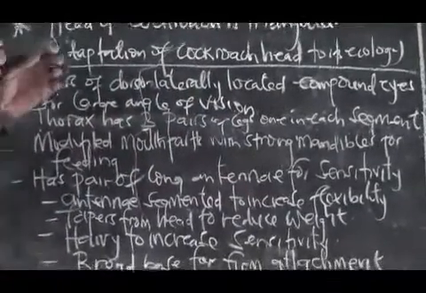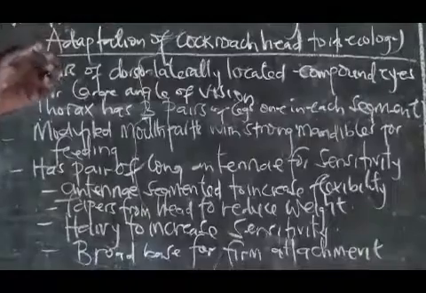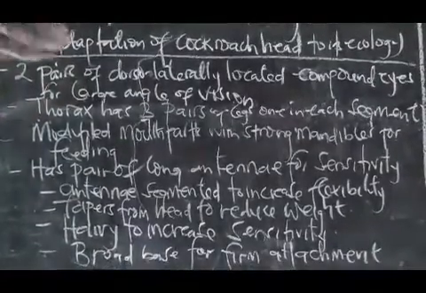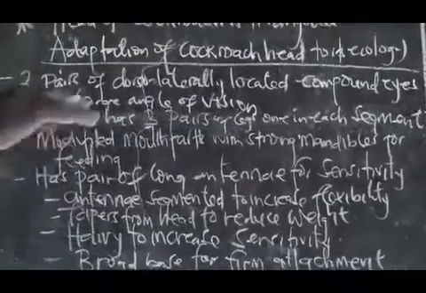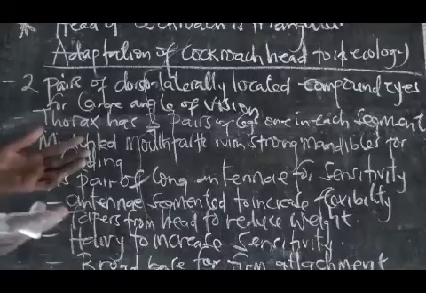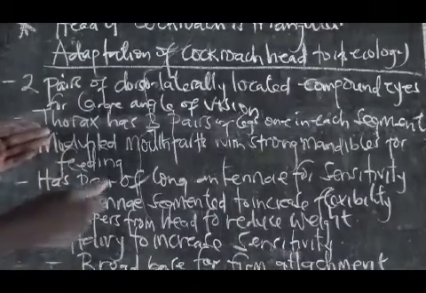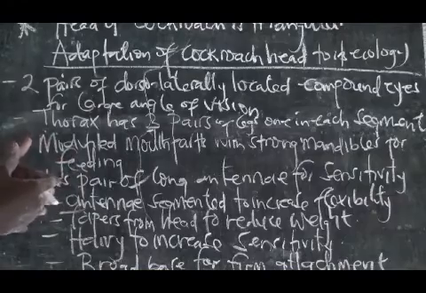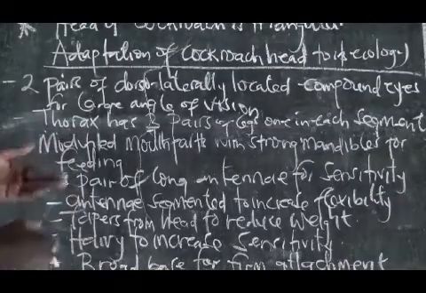The compound eyes are located dorsolaterally, up and on the side. Dorsal is up, lateral is on the side, so that it has a wider field of vision to see predators and to see food. Then the thorax is divided into three segments, and each segment has a pair of legs.